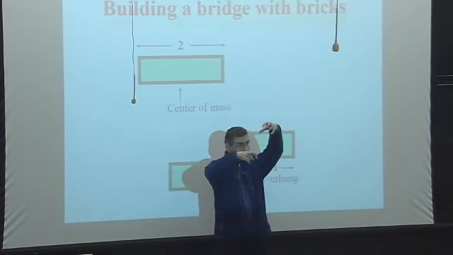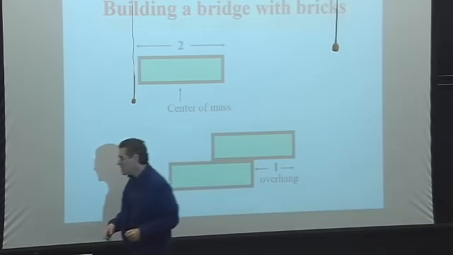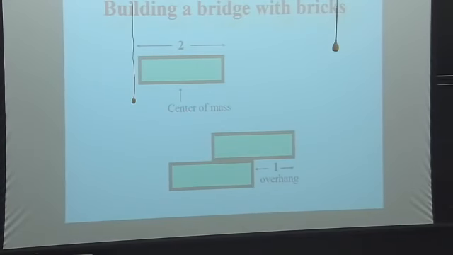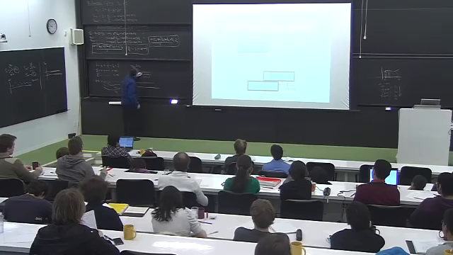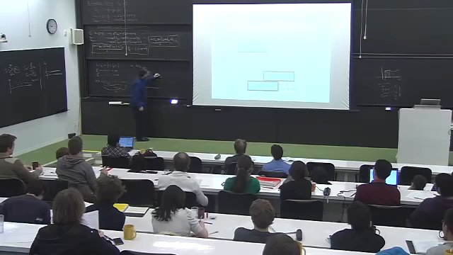Not building it out, piling bricks on top. I don't mean doing something like a brick and then a brick here and a brick here and then a brick on top of here. I mean if I just pile bricks one on top of another like this, how big of an overhang can I make?